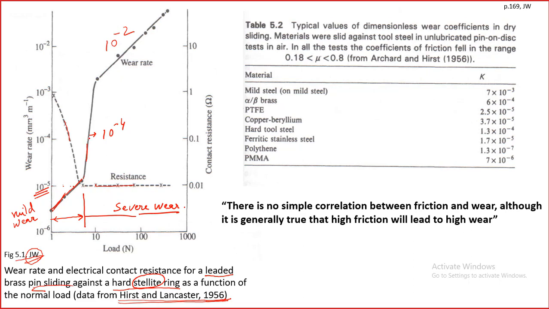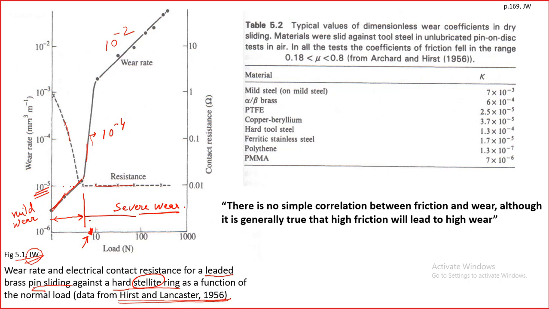At what value of normal load it will happen depends on the material pair, so it is not fixed. It doesn't mean that all wear processes will have this kind of transition from mild wear to severe wear at, let's say, 9 Newton or 10 Newton. For this specific case, it happened like this.